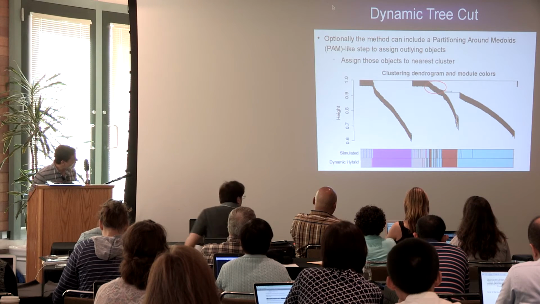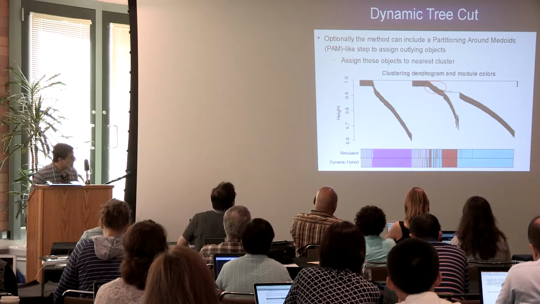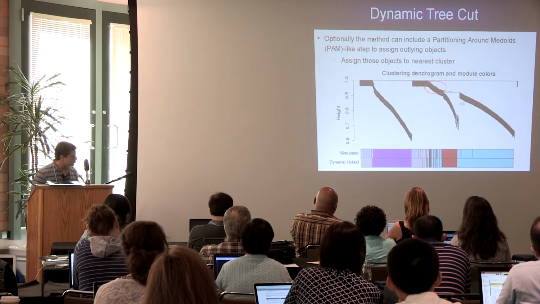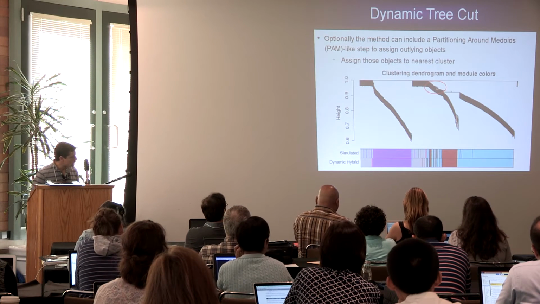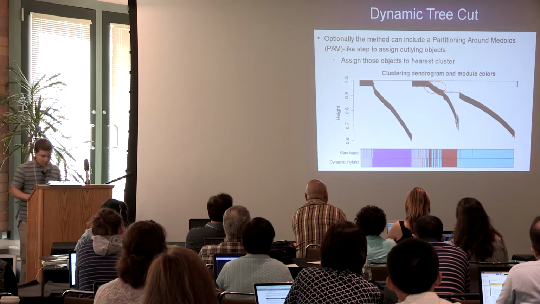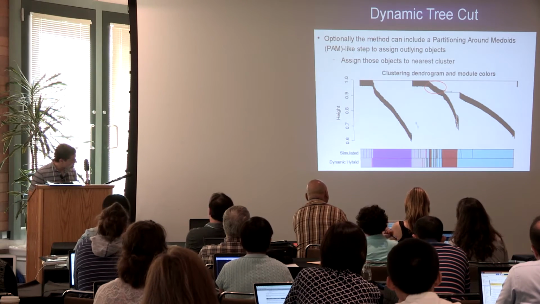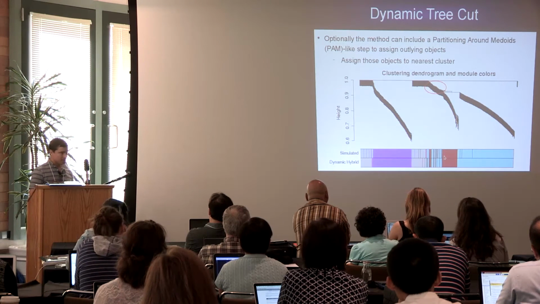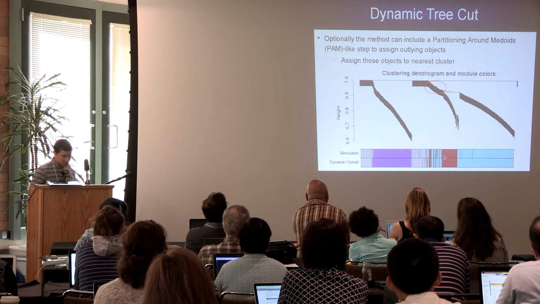I call it a PAM-like step, partitioning around medoids, because you look at sort of the average distance between the object and the clusters. It makes the colors under the clustering tree look a little bit mixed up, and a lot of people think that this is a bug, but that's actually a feature.